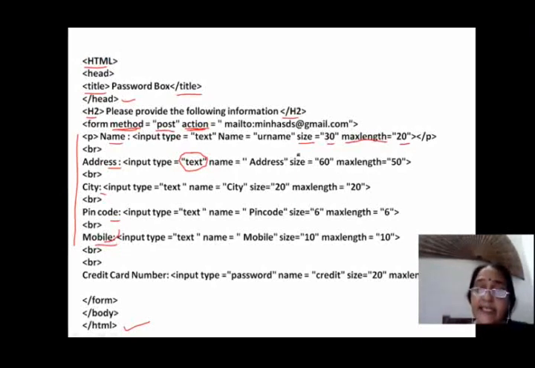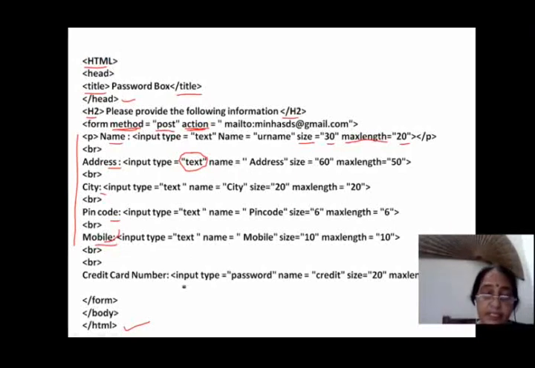Actually, size is the length of the box that appears on the screen, and maximum length is the number of characters, the letters, that can be entered in the box. So it is advisable to make these two numbers the same, but let it be. It's in the book, you go with it, but it is my advice to keep the same numbers.